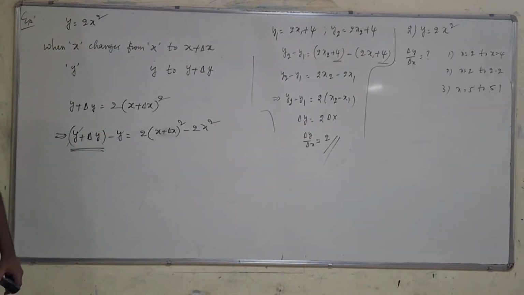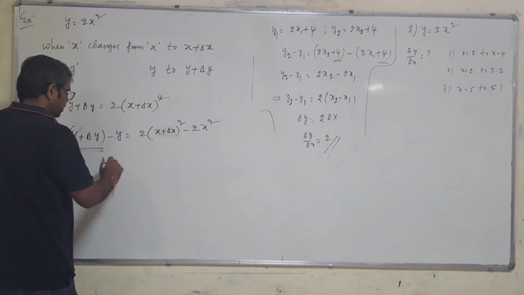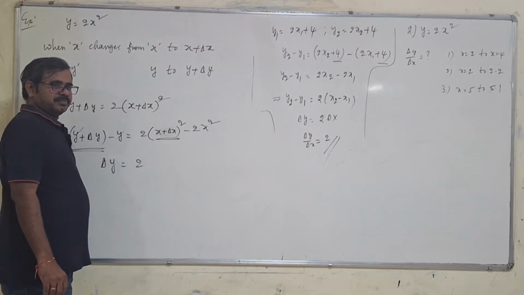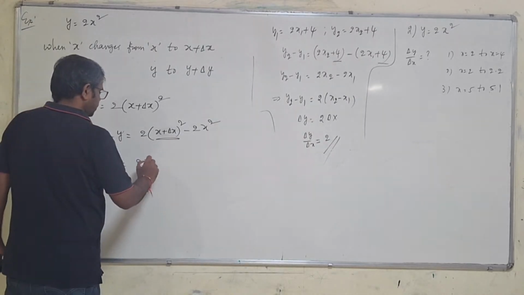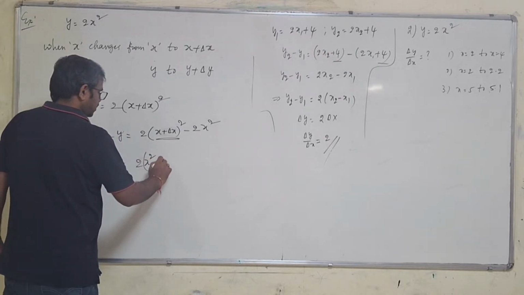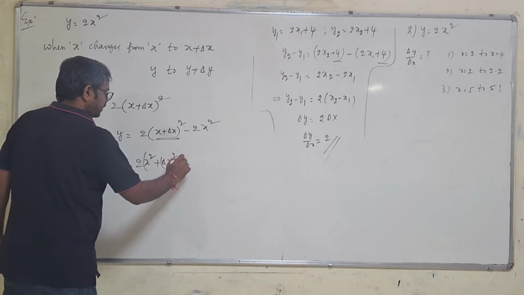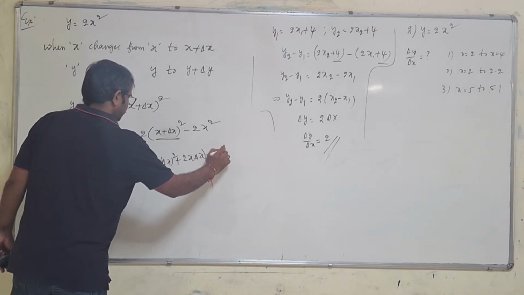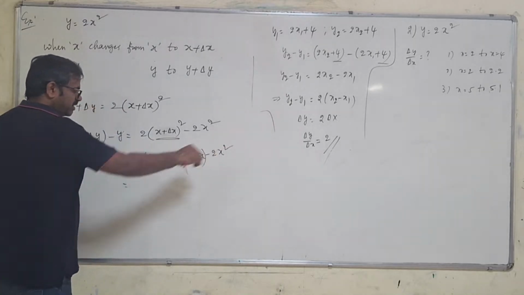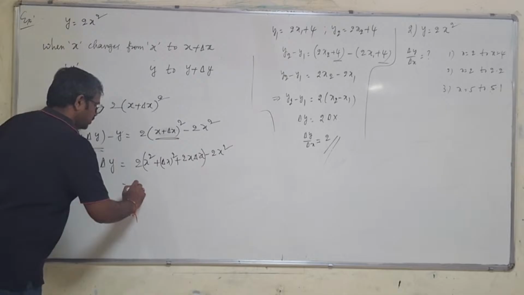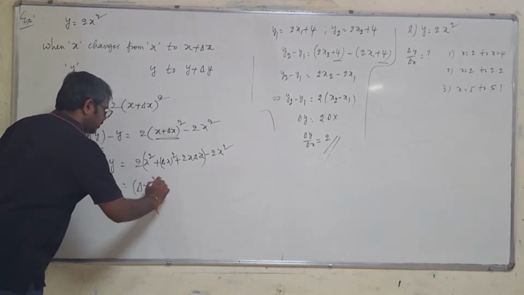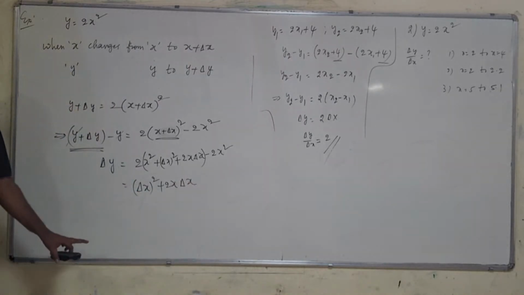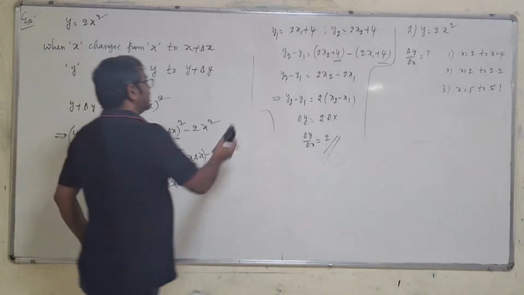Now, on the left hand side, plus y minus y get cancelled. What are we left with? Delta y. And on the right hand side, expand this. What do you get? Plus 2x delta x minus 2x square. So 2x square minus 2x square get cancelled. So what do you have? Delta x whole square plus 2x delta x. You understand this?